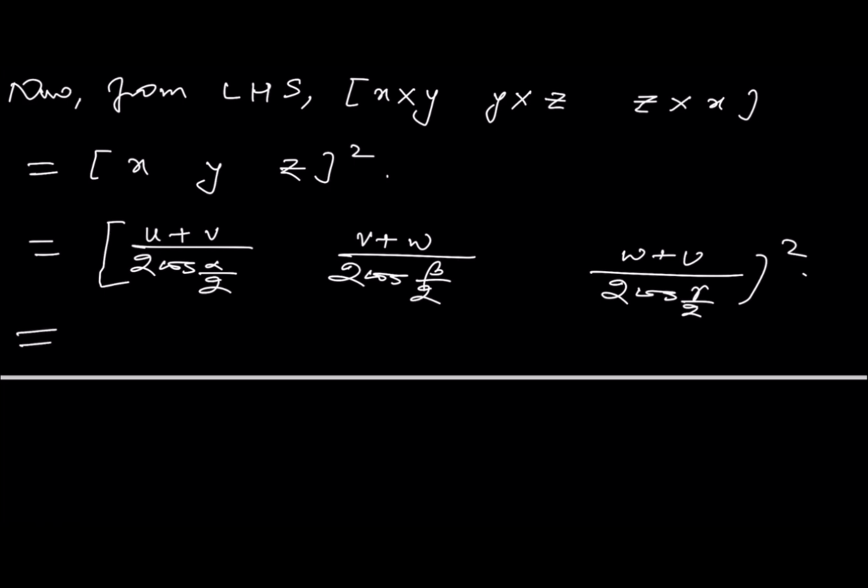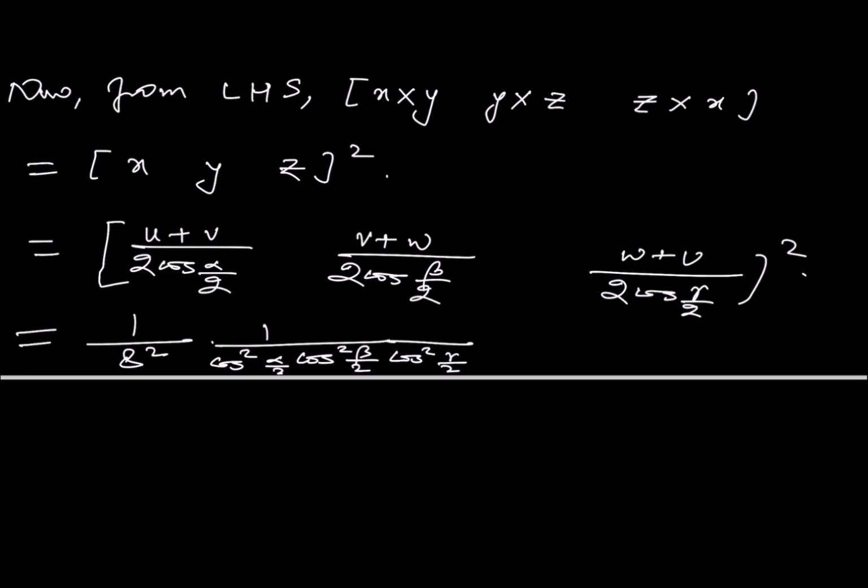So in row 1 there is 2, in row 2 there is 2, and in row 3 there is 2. So from the denominator there will be outside 1 by 8 square, because the box is having a square, and 1 upon cos square alpha by 2 from row 1, cos square beta by 2 from row 2, cos square gamma by 2 from row 3.